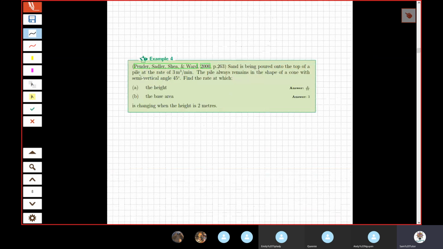Sand is being poured on top of a pile at a rate. Emily, what is that straight away? 3 meters cubed per minute. dV over dt. Yeah, so you pretty much know the formula is going to eventually have a times dV on dt.